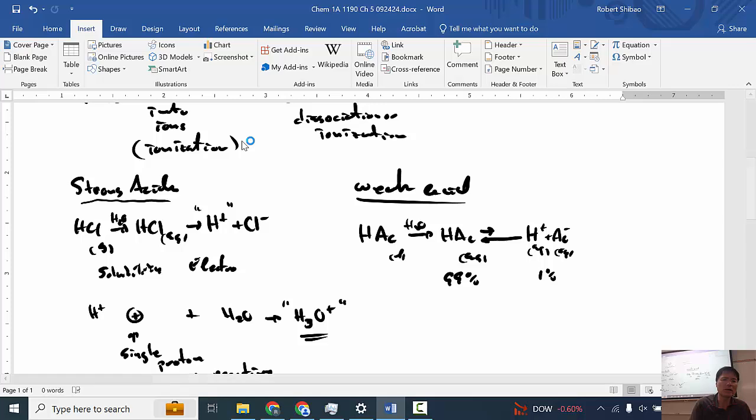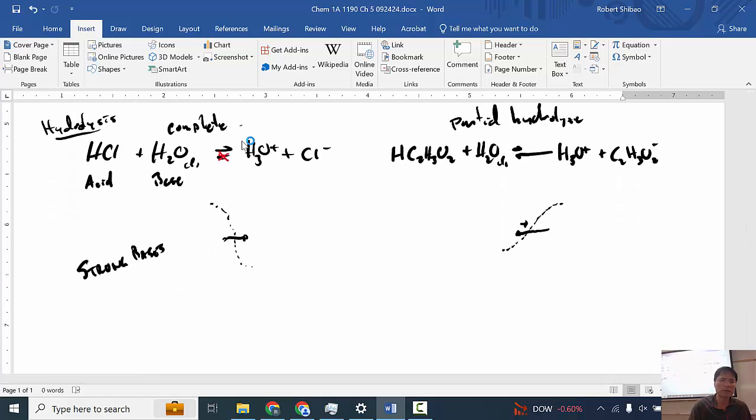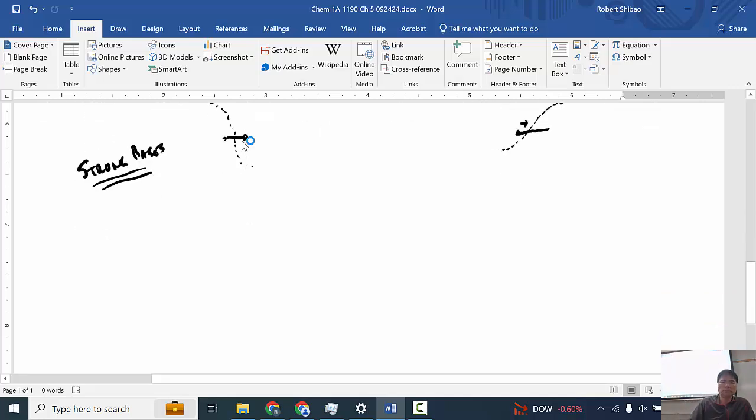And so we have the strong acids here, the strong bases. Now, there are some strong bases that you probably are familiar with. Can you tell me a strong base? Sodium hydroxide is a strong base. Yeah. And so an example is sodium hydroxide.